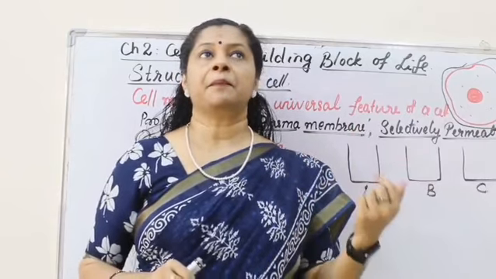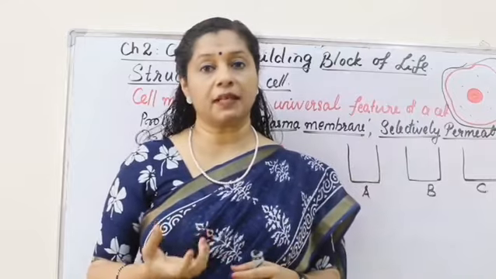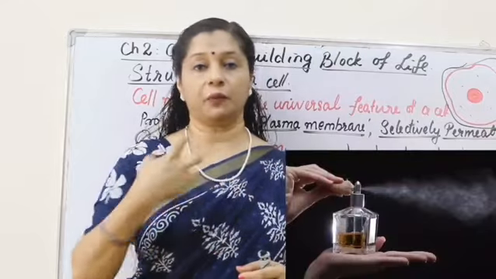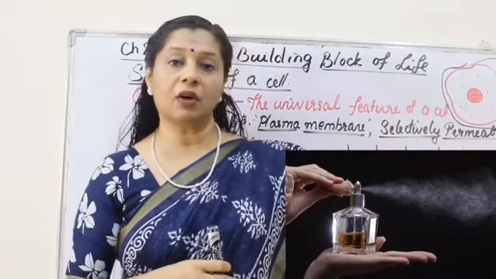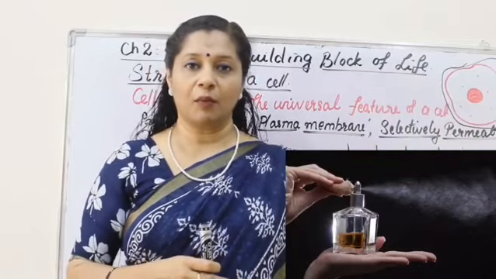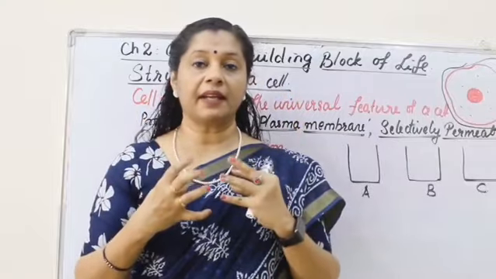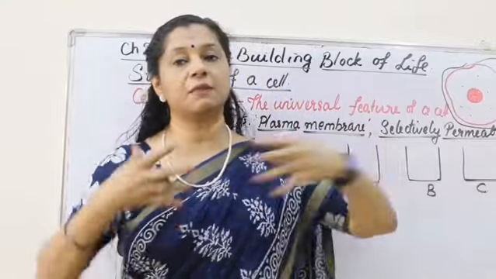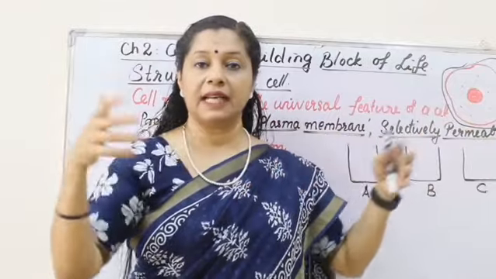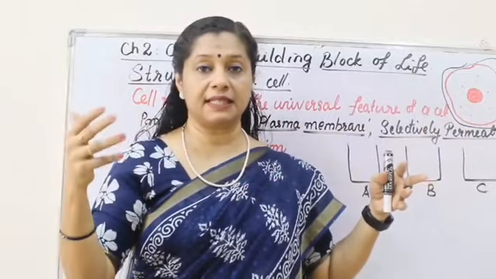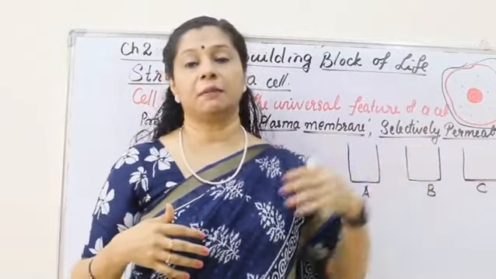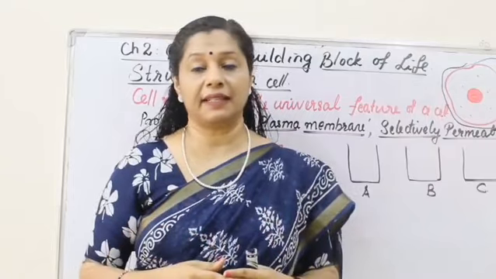For example, imagine I am using a perfume. I am spraying the perfume here, but somebody sitting in the other corner of the room will also get the smell. Why? Because when I am spraying, the molecules are more here. From this higher concentration, they will just diffuse and spread out, because gases can move easily. The molecular movement is easy. So they will reach the other person's nostrils and they can also feel the smell.